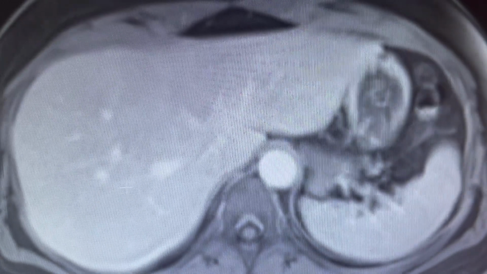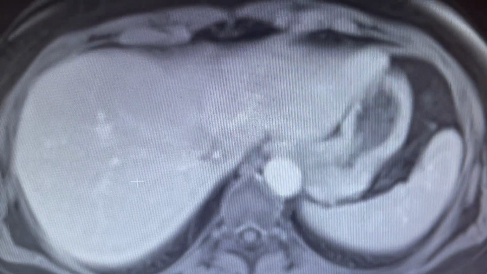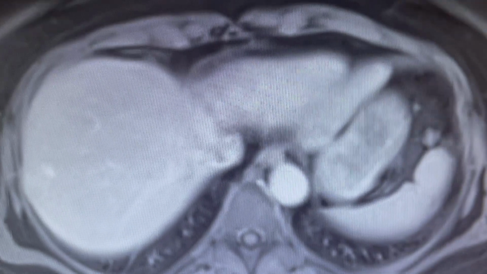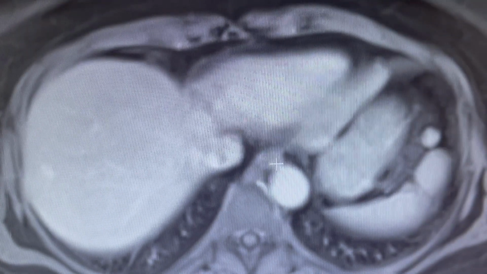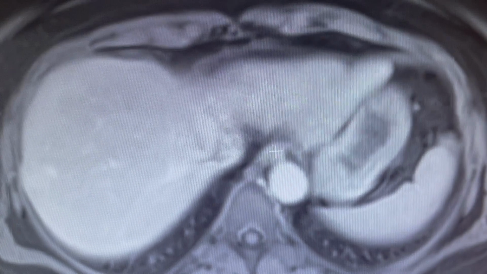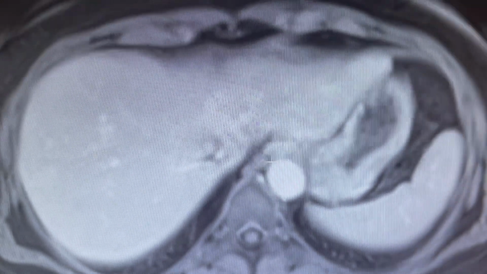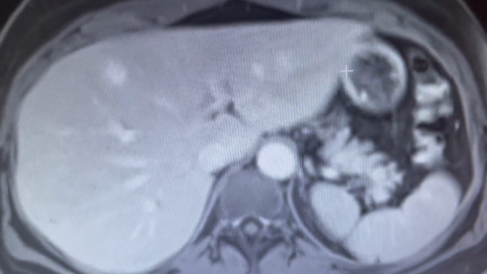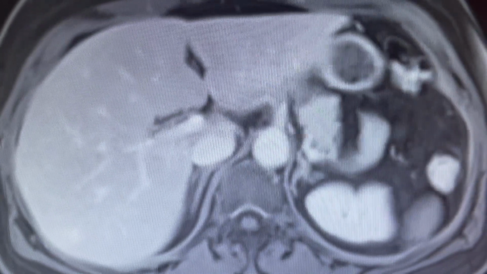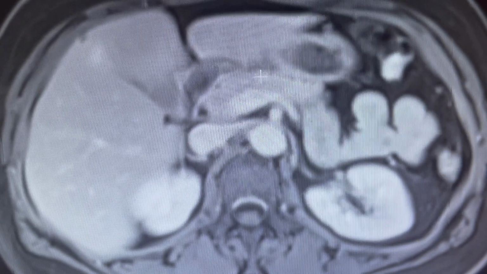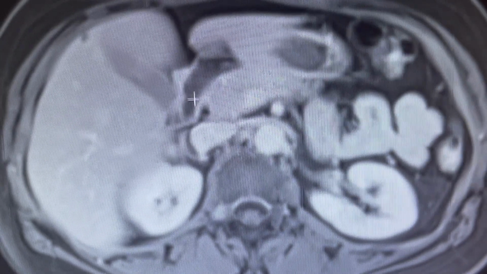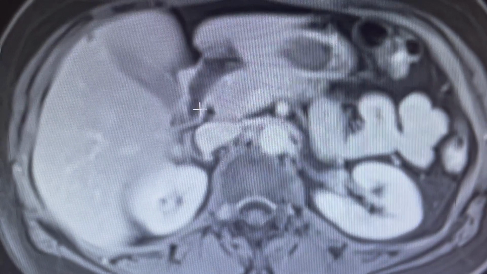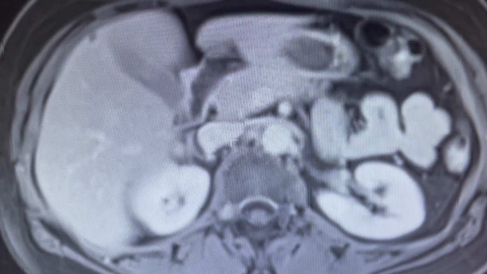I also want to draw your attention to the appearance. Now, these are the best images to look at the distal esophagus. I would say that the distal esophagus is borderline, it's probably normal. As we come down looking at the stomach here, stomach, proximal duodenum, duodenal bulb, this enhancement is too much of the proximal duodenum.